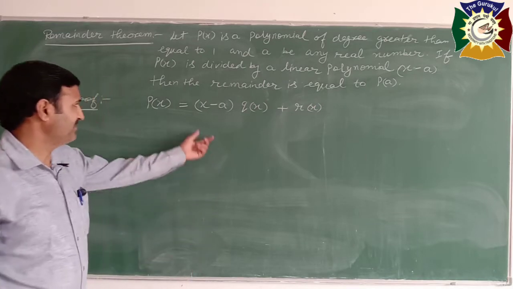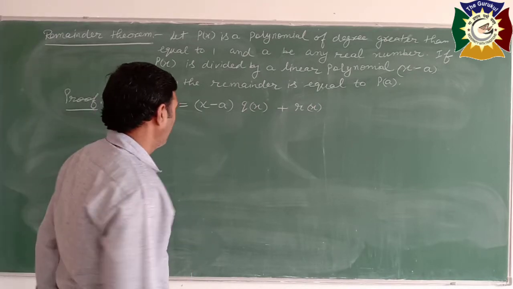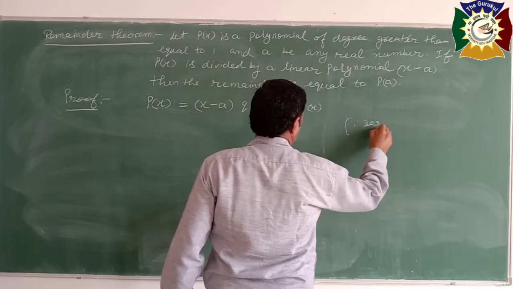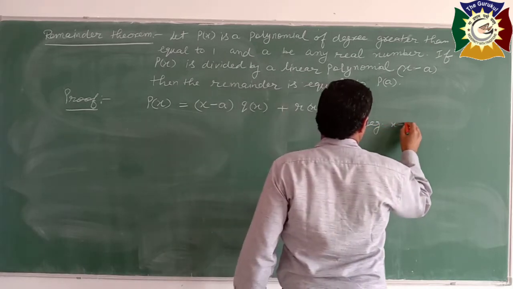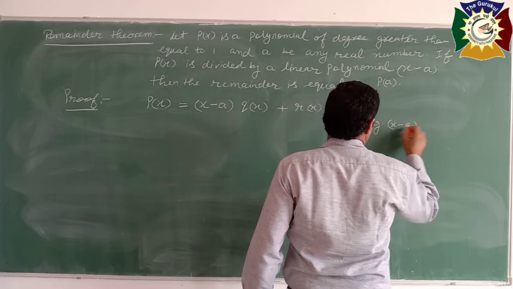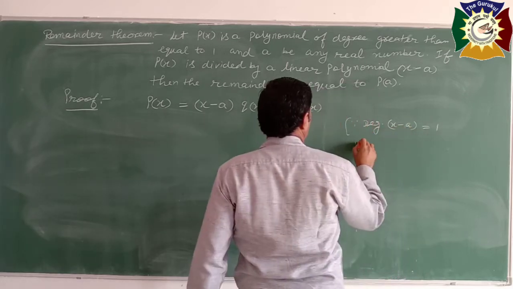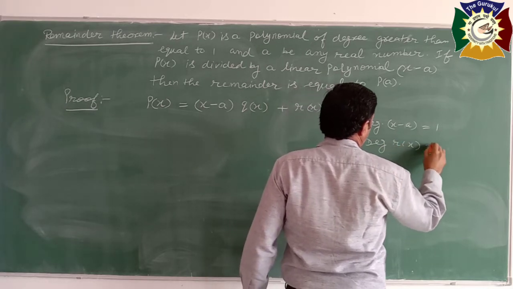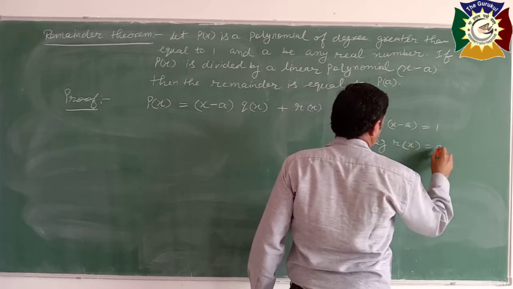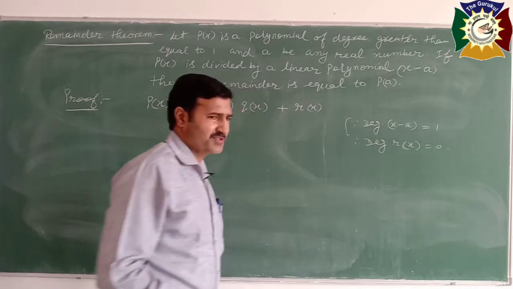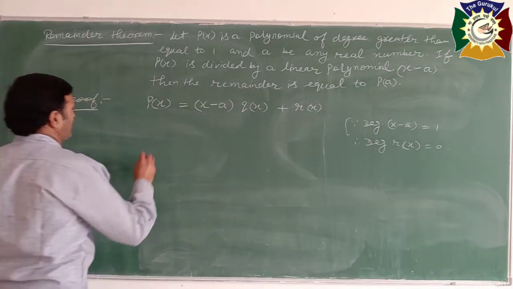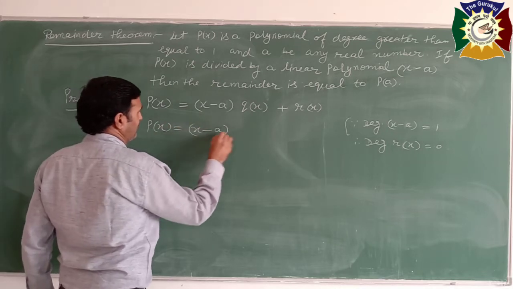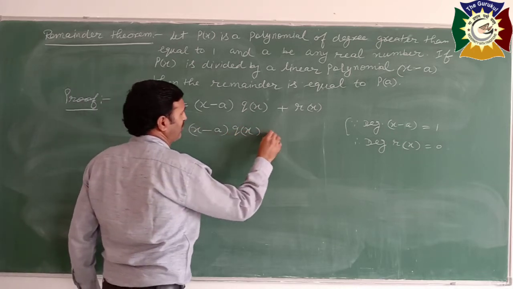We know the degree of divisor is 1 because the degree of x minus a is 1, therefore the degree of remainder should be 0. We can say constant polynomial. So we can write the remainder simply a constant r.